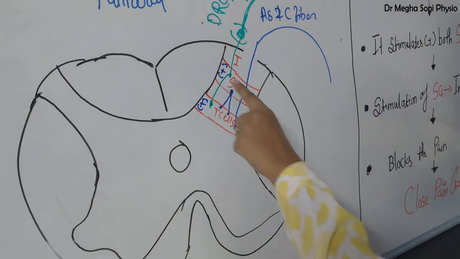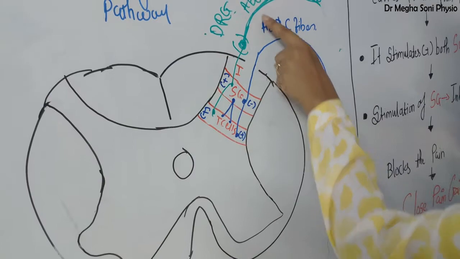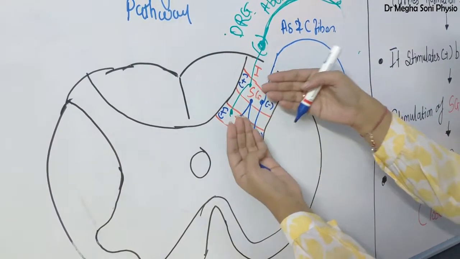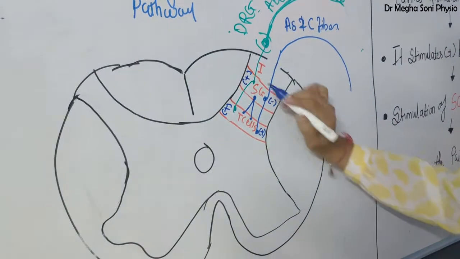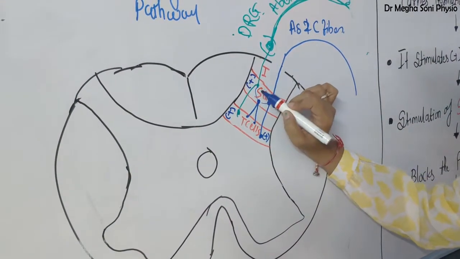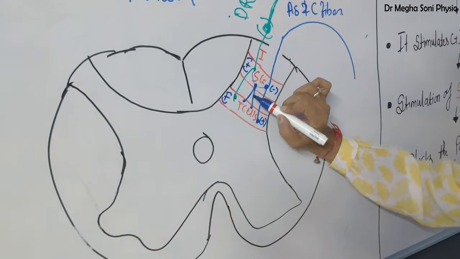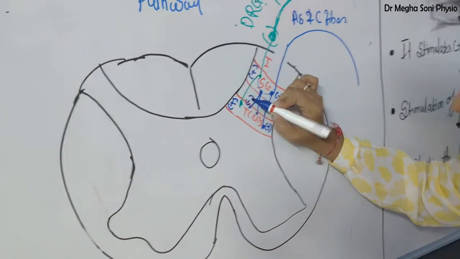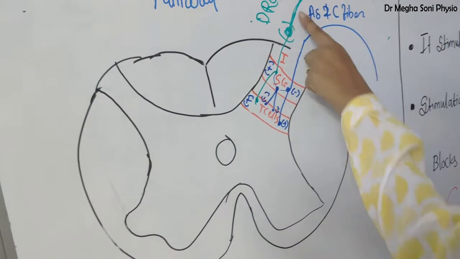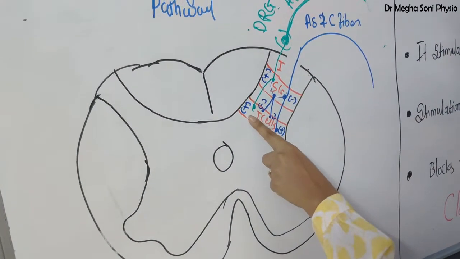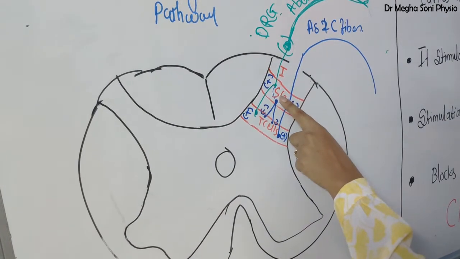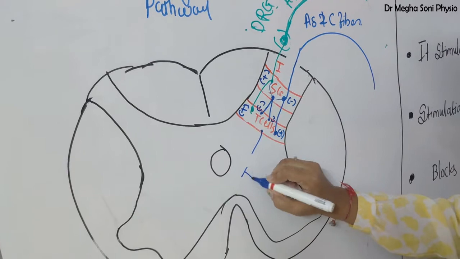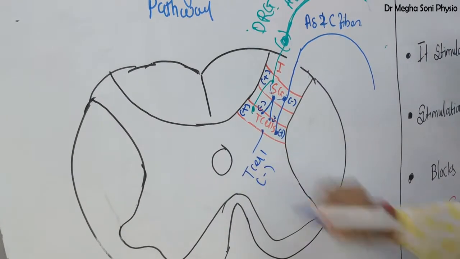Right now both are stimulated, but whenever we stimulate the SG cell, the fibers which connect from SG to T cell inhibit the T cell. So right now the T cell will be inhibited.